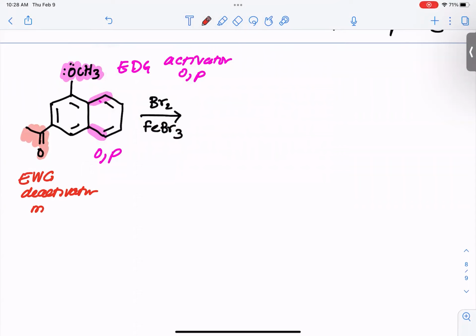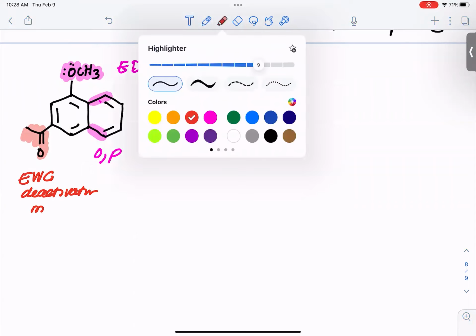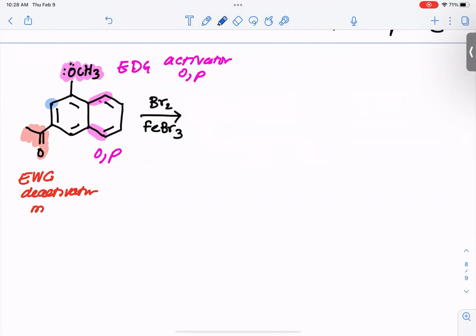Okay. So the possibilities for reaction are this carbon. We can brominate that carbon. We can brominate that carbon. We can also brominate the 4 carbons on that other benzene ring. Okay.